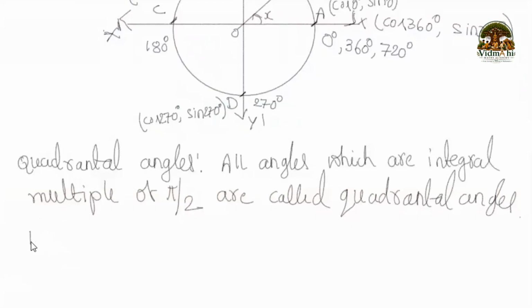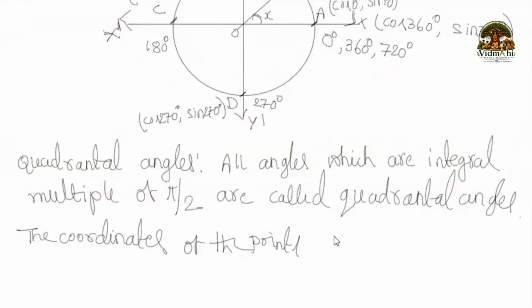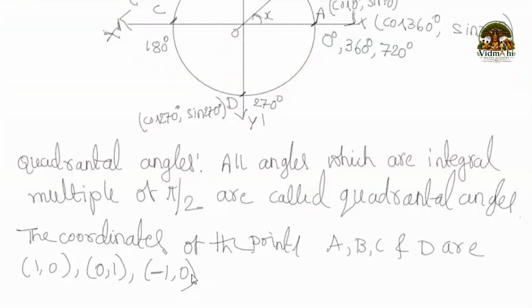Now the coordinates of the points A, B, C and D are 1, 0, 0, 1, minus 1, 0, 0, minus 1 respectively.